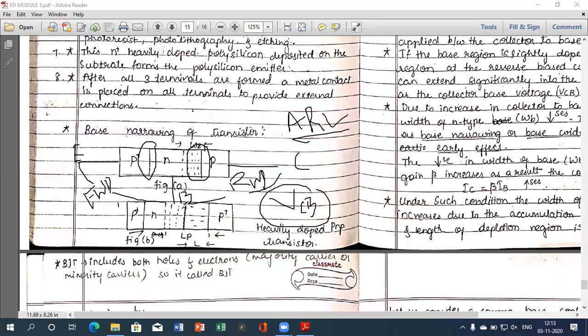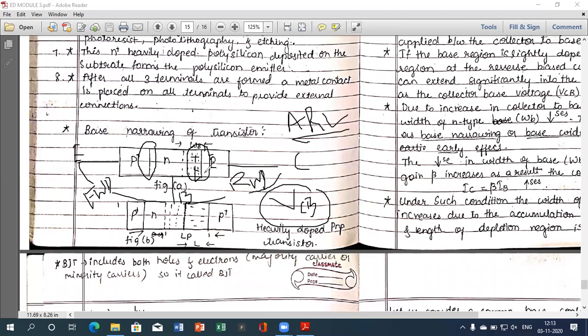If I apply the reverse bias voltage and increase it, then automatically the depletion layer across this junction will start increasing. When the depletion layer increases, the immovable ions across the P and N regions start accumulating, and the width of the depletion layer increases.